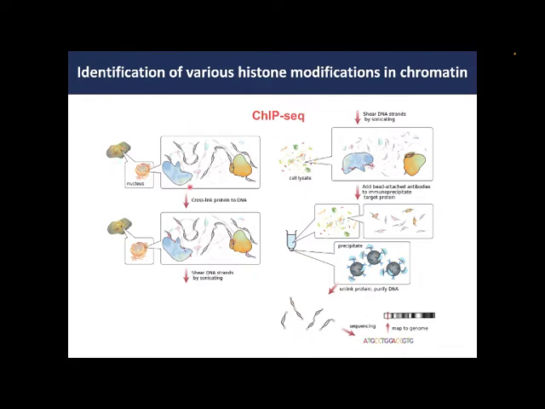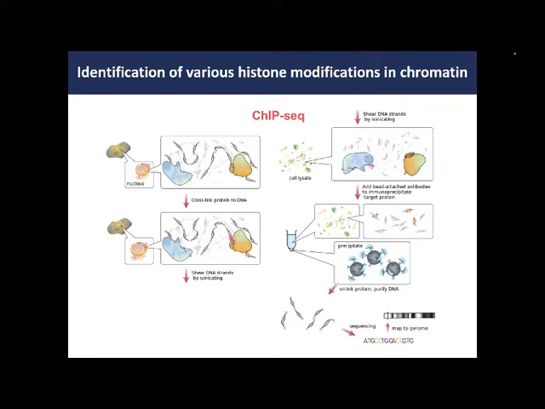After the cross-link of protein to DNA, which is a quick cross-link that fixes the protein location on the DNA, scientists shear the DNA by sonication or enzymatic degradation.